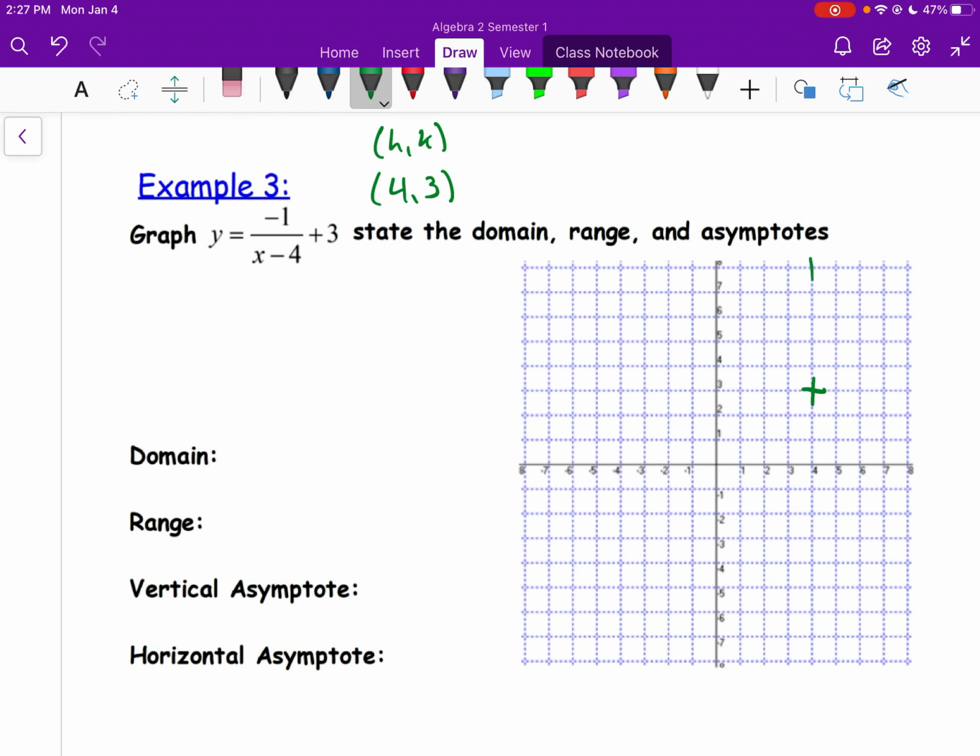And then from there, you can sketch out your vertical and horizontal asymptote, again just going left and right, up and down from that new origin. Now that vertical asymptote, that's up and down, which is always x equals, it cuts the x-axis at 4. And for the horizontal asymptote, y is equal to 3.